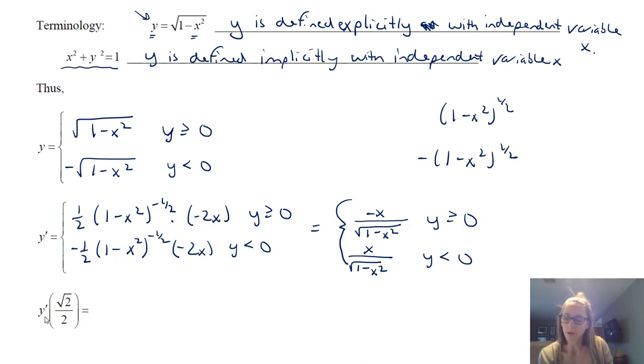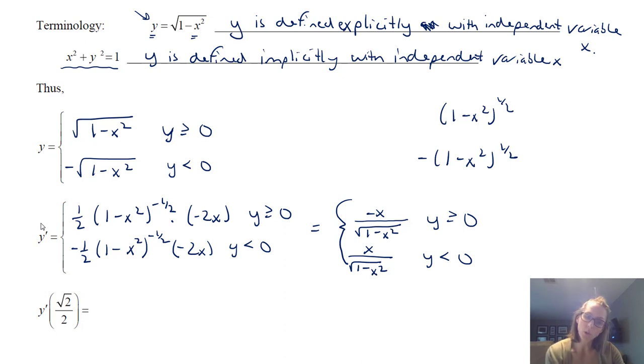So then if we want to find the derivative of this function at root 2 over 2, we think about the fact that, when you think about root 2 over 2, remember the y value was also root 2 over 2, if you go back to the top of the page. And so that's in our first quadrant.